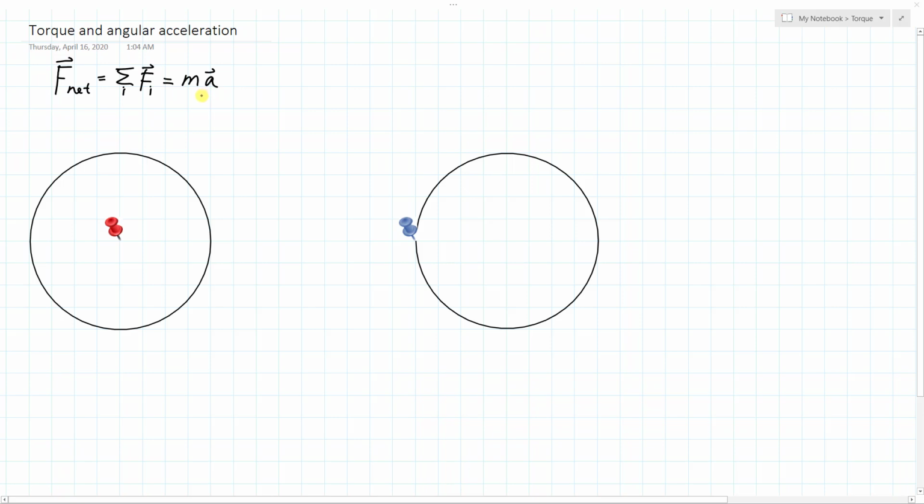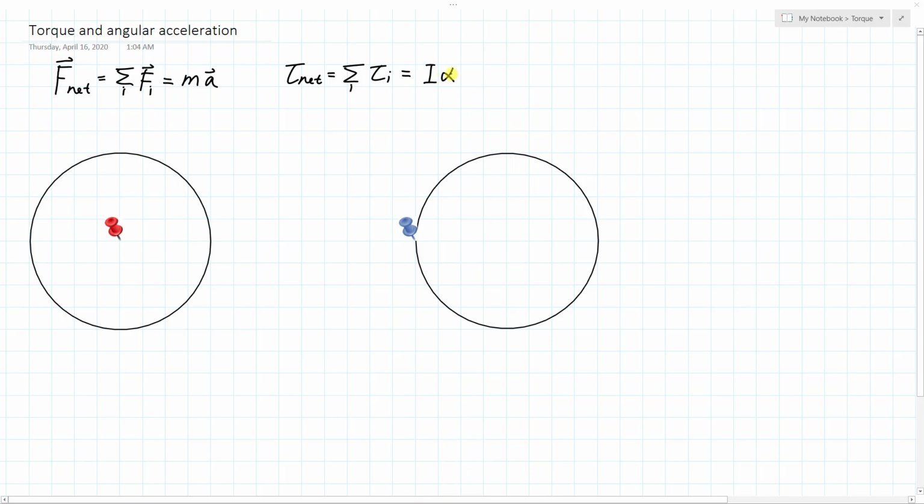For rotational motion, we have a similar law, Newton's second law of rotation. So we'll have a net torque, which is the sum of all torques, that is equal to rotational inertia, replacing mass, times angular acceleration, replacing acceleration.